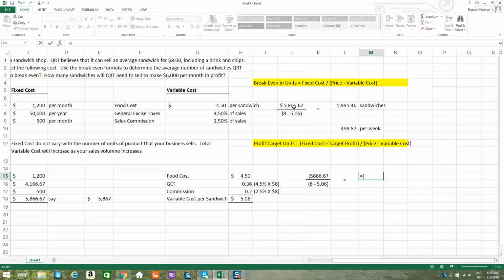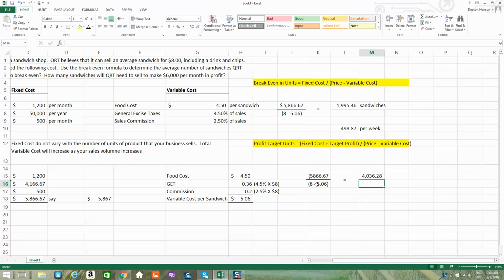Okay, I'm referencing cells because I have the numbers there. So now we have to actually sell roughly 2,000 more sandwiches per month. Okay, and on a weekly basis, take that average month, divide by 4 weeks. You got to do about 1,000 sandwiches per week, which could be doable if you're in the right location.